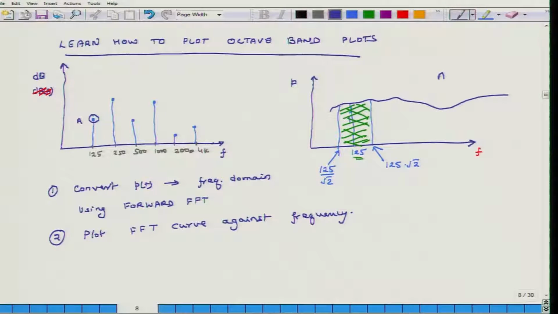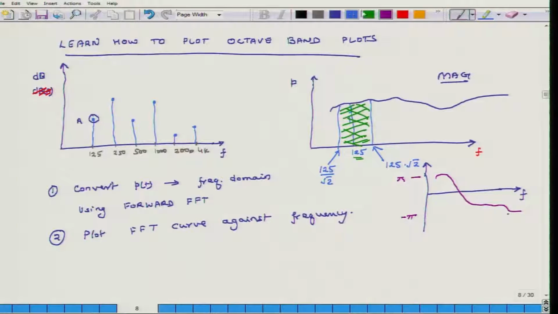I get one plot for magnitude, and similarly I will get another plot for phase, and the phase will be from minus pi to pi. So, I am going to erase this line. So, let us say this is my phase plot, and my phase plot looks something like this. This upper limit is pi, lower limit is minus pi.